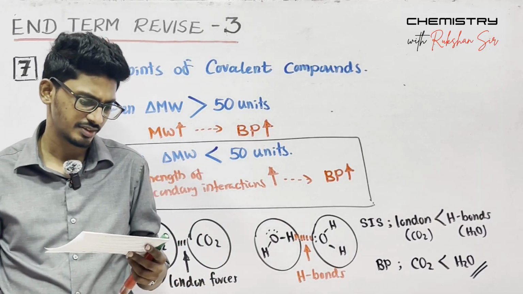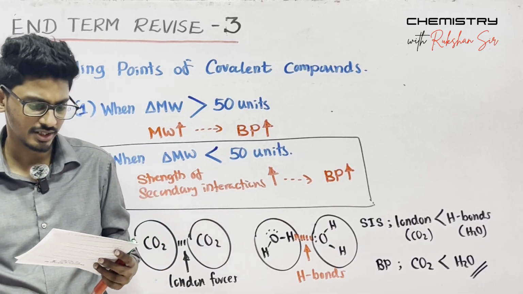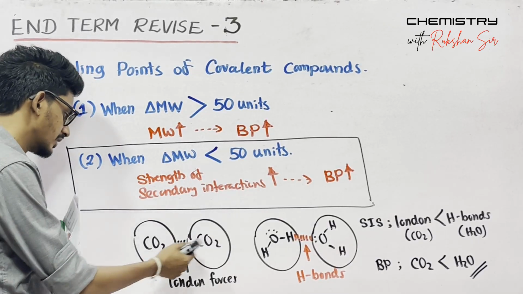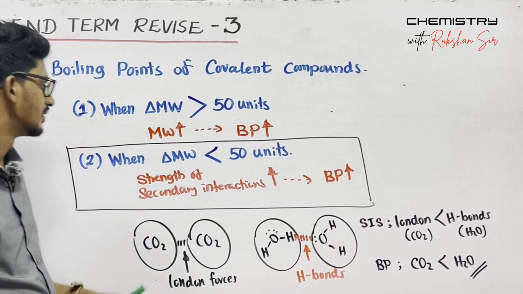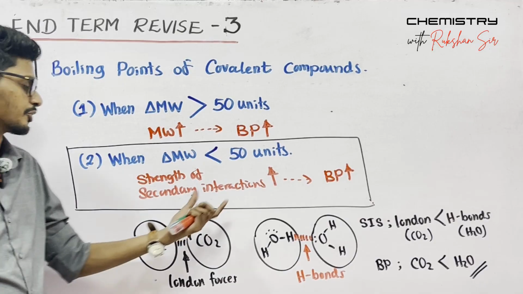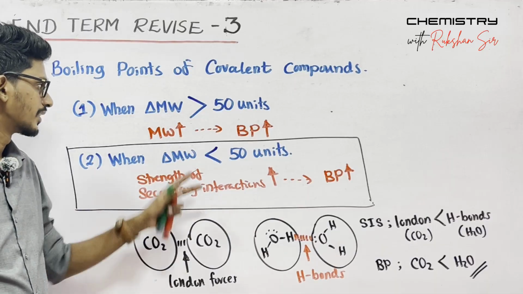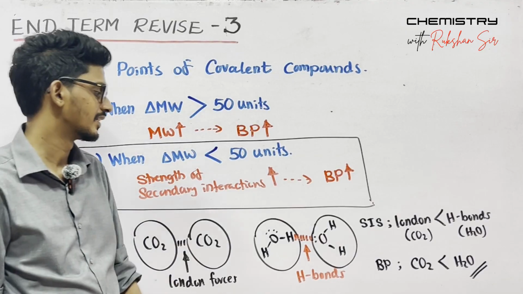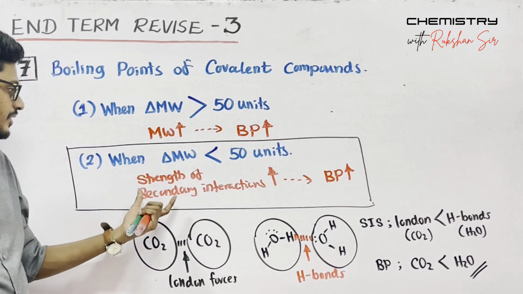So the statement says, as the molecular weight is high, CO2 is with a greater boiling point than H2O. The statement is false. Yes, the CO2 is with a greater molecular weight, but what matters here is the secondary interaction strength, because the molecular weight difference is not exceeding 50 units. So what matters for the boiling points between the CO2 and the H2O is actually the secondary interaction strength.